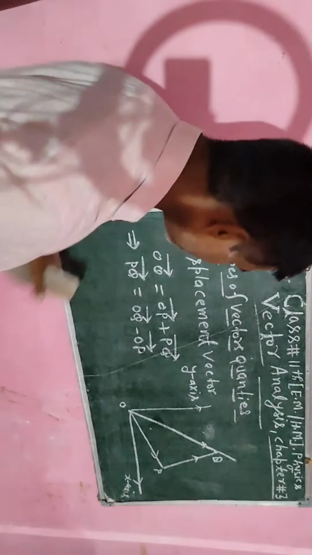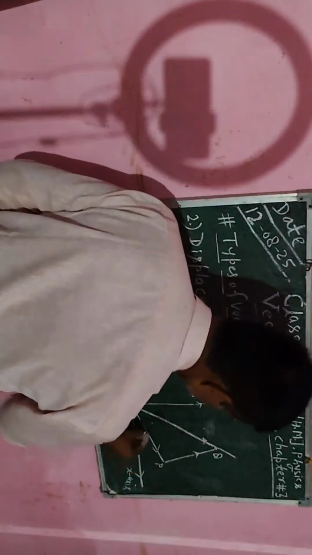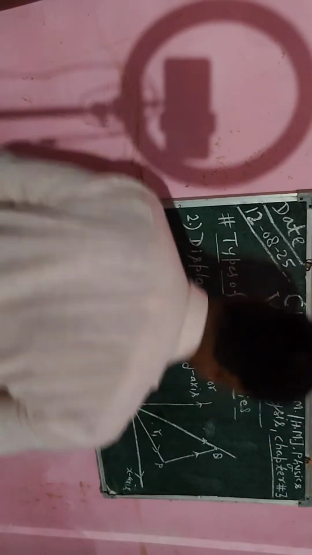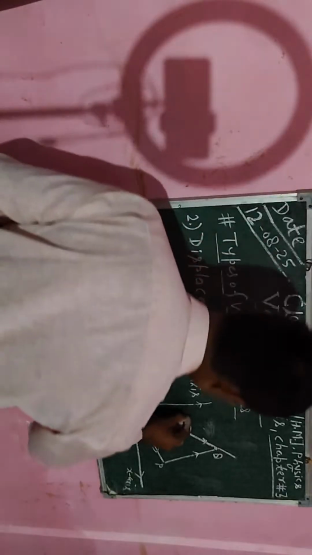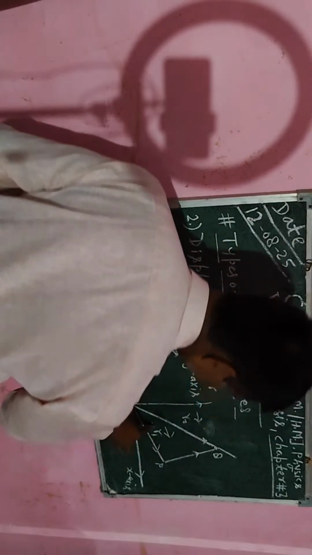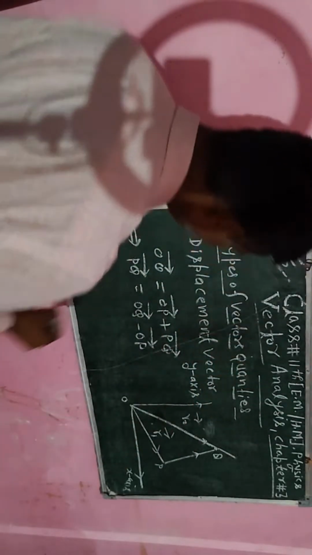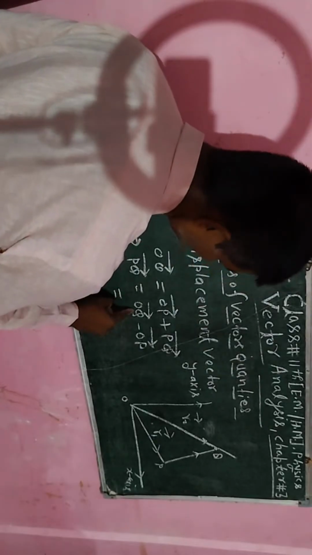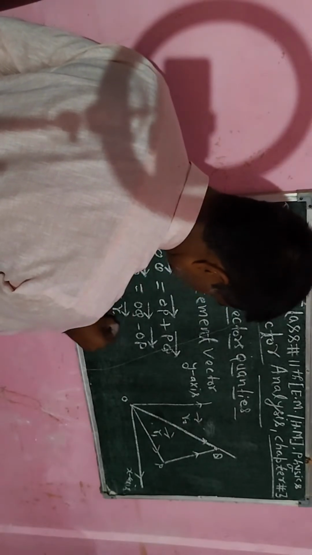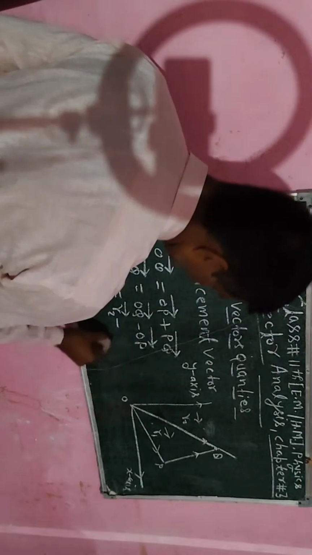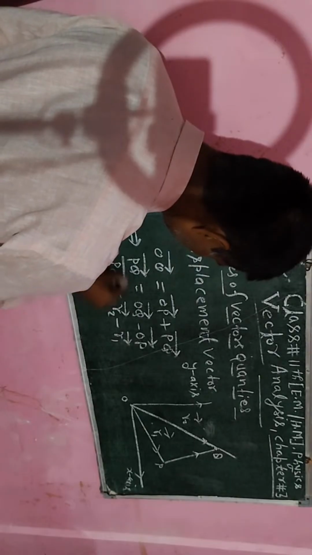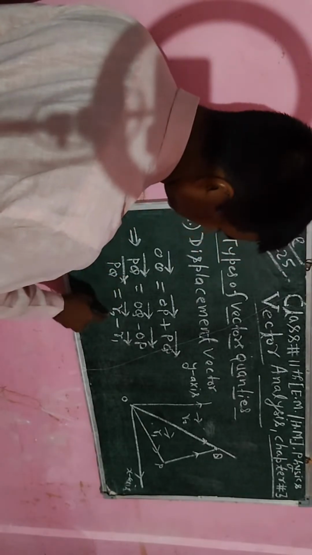So I will assume here OP vector is R1 and OQ vector will be R2. These are also vectors I am assuming here. This vector will be R1 and this vector will be R2. So I will put in their values. OQ is vector R2 and OP is vector R1. So vector PQ I can write in this way: PQ is equal to R2 minus R1.